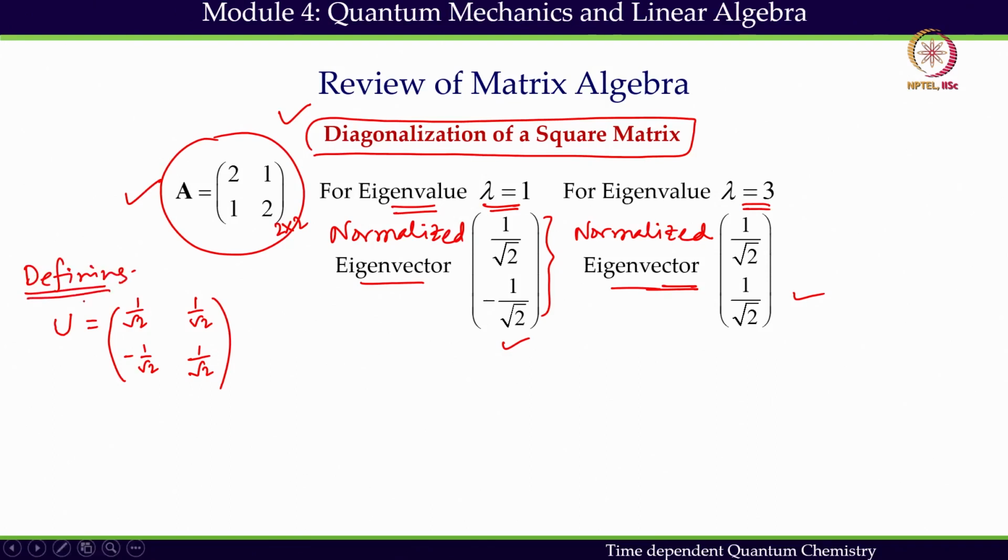Why I am defining this new matrix, I will reveal very soon. Let us say I have this matrix where the first column I have taken from this normalized eigenvector, and the second column is represented by this eigenvector.